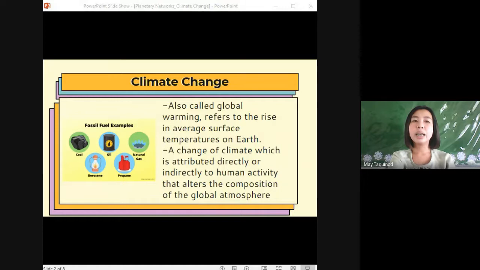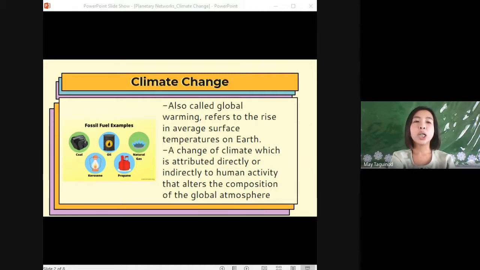Okay, so what is climate change? It is also called global warming. It refers to the rise in average surface temperatures on Earth. An overwhelming scientific consensus maintains that climate change is due primarily to the human use of fossil fuels, which releases carbon dioxide and other greenhouse gases into the air.